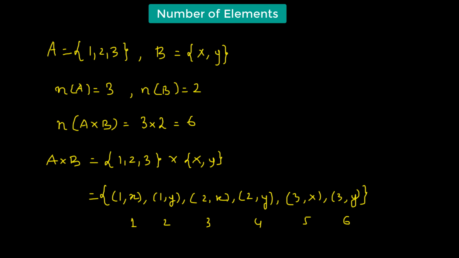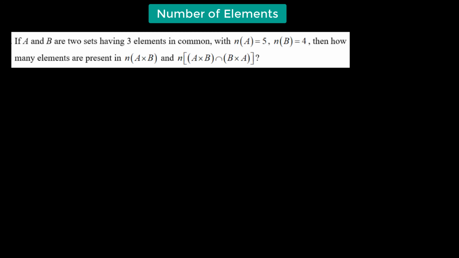Let's do another problem. Here in this question we have 2 sets A and B, and these 2 sets have 3 elements in common. Also it's given that the number of elements in set A is 5 and the number of elements in set B is 4.